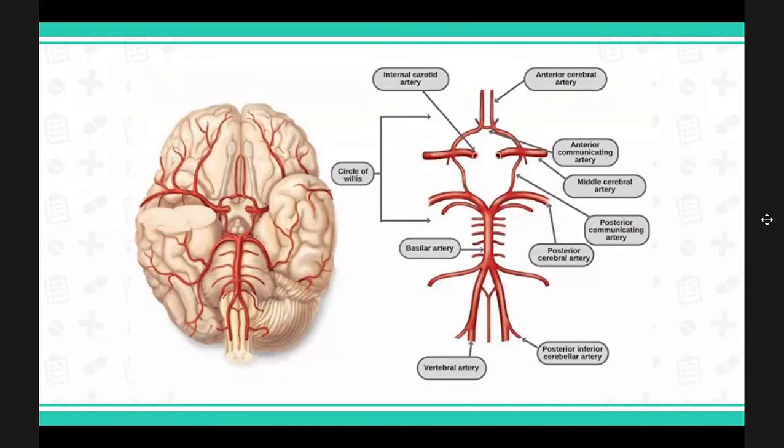Okay, I hope mako-correlate niyo yon. But of course, if the Wernicke's area or the dominant hemisphere is on the right, then iba naman yung presentation niya.